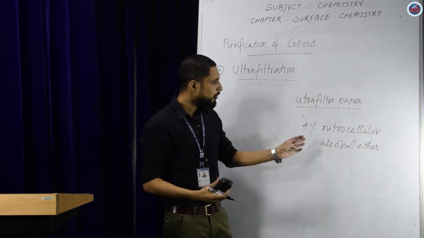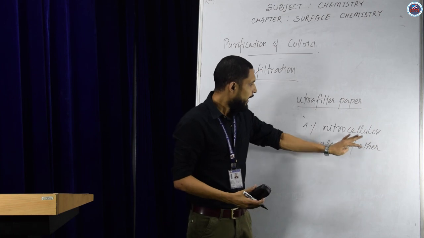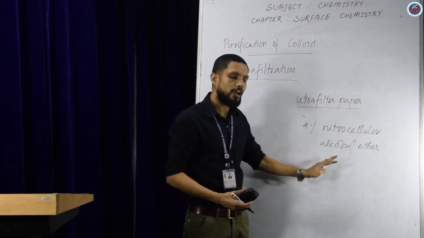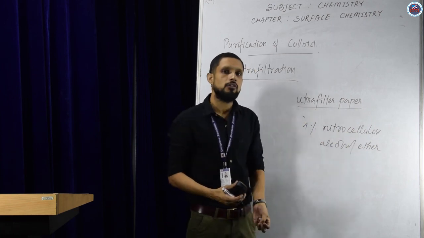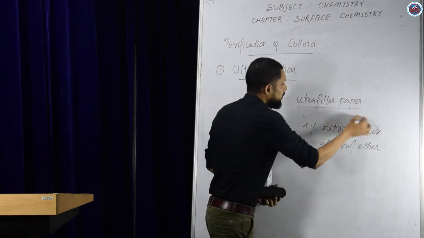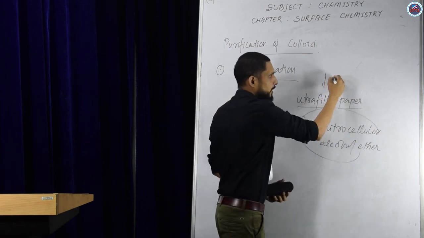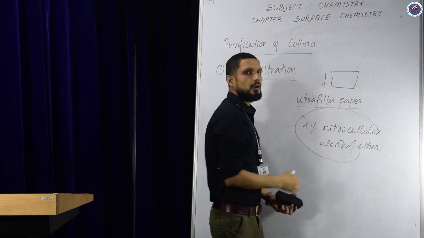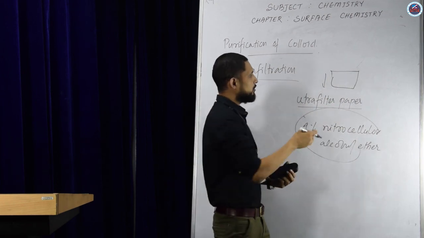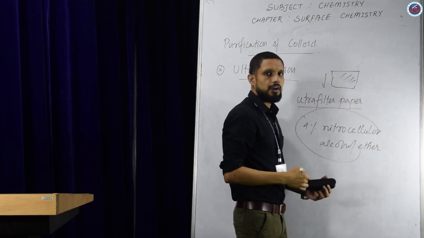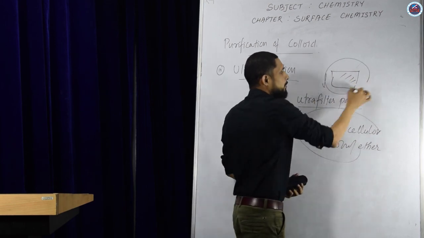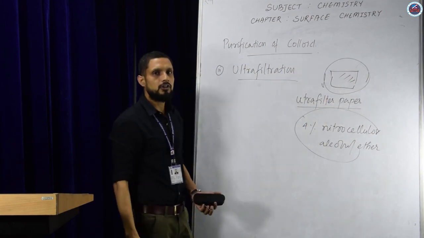So we take a mixture of alcohol and ether, and in that solvent we prepare a 4% nitrocellulose solution, and there we dip the normal filter paper. We keep it overnight and then we dry it. So after that, the filter paper we get is known as ultrafilter paper.